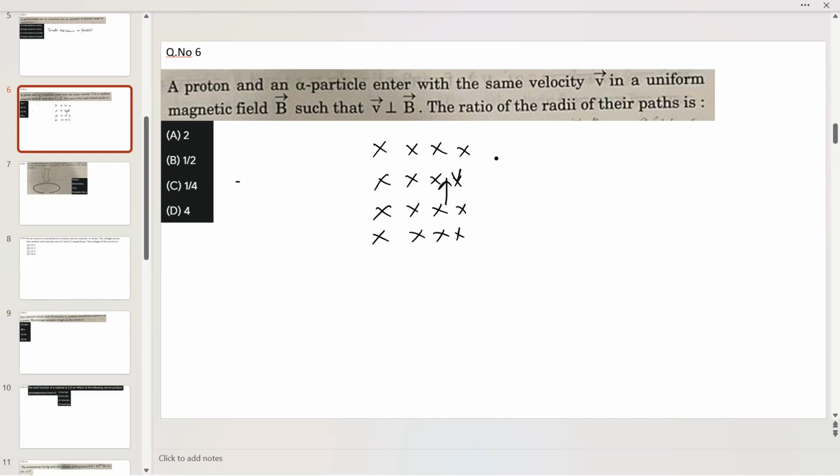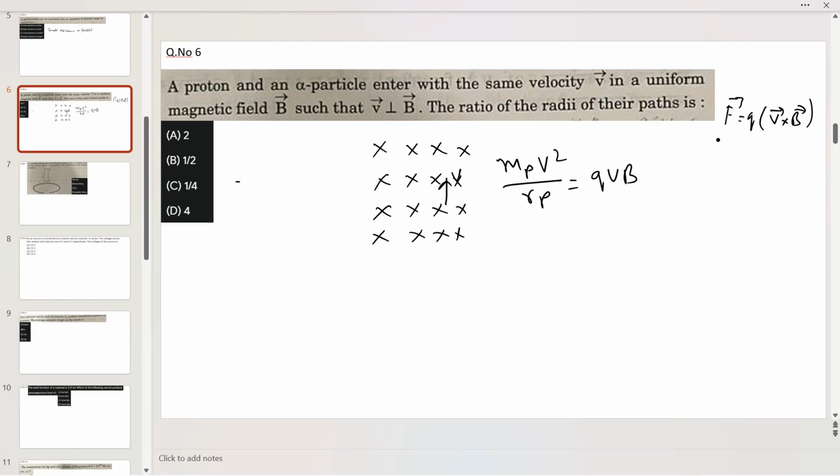So here, first let us take the proton: m v square by rp, where rp is the radius of the proton, is equal to qvb, because the original formula is F is equal to q v cross B. Since v and B are perpendicular, sine 90 is 1.